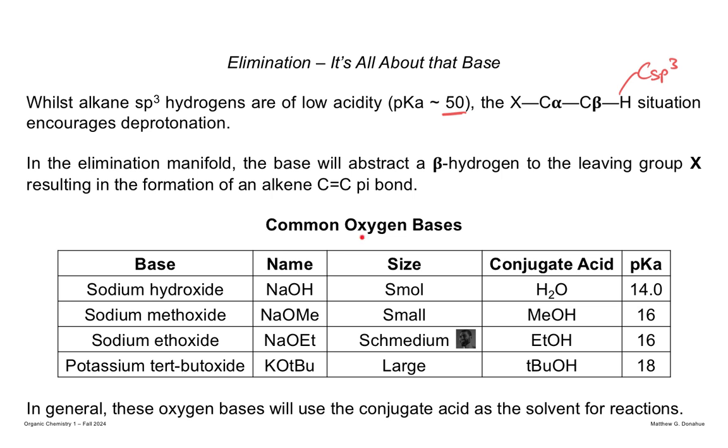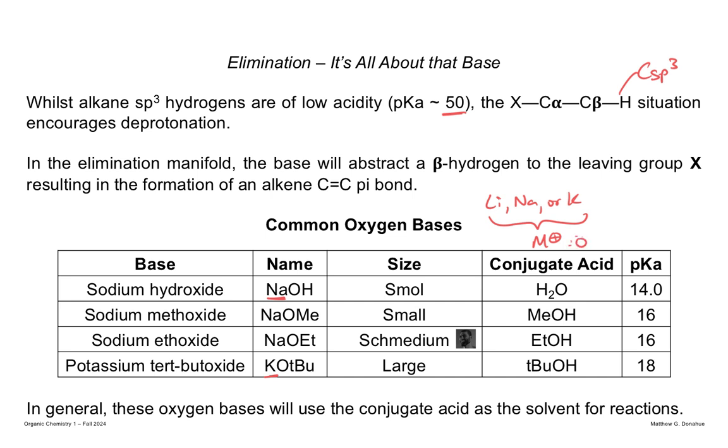So on here we have oxygen bases. And these will typically be like O minus. So you'll have some metal, so sodium, potassium. So typically lithium, sodium, or potassium. So that's your M plus.